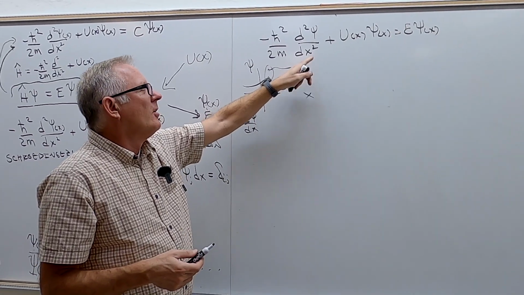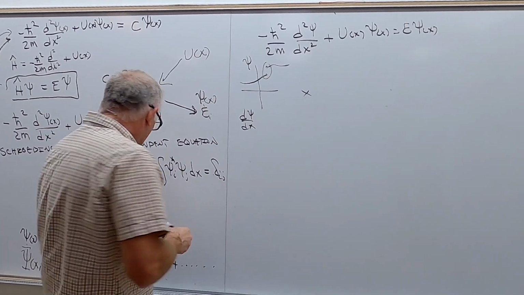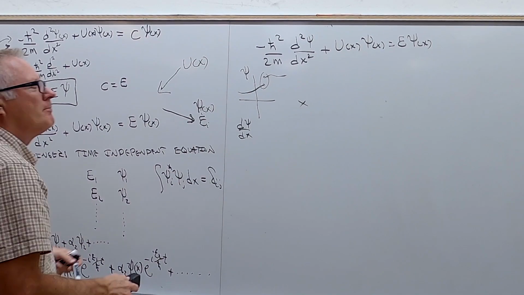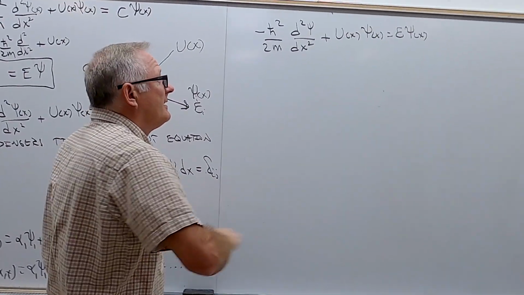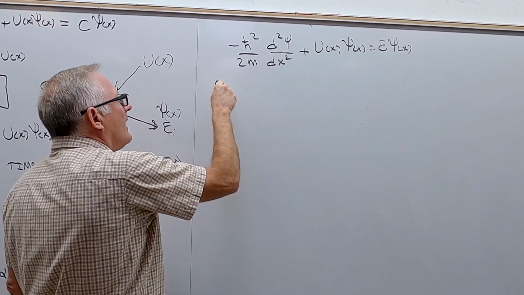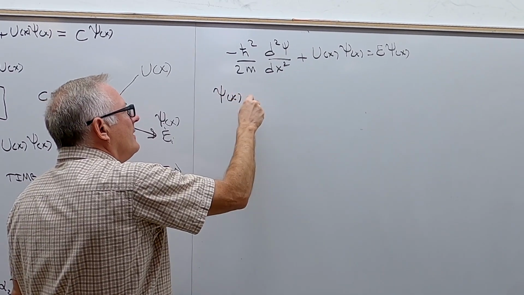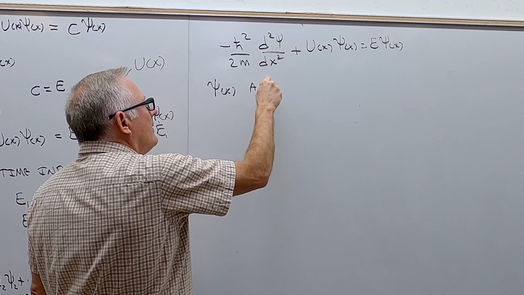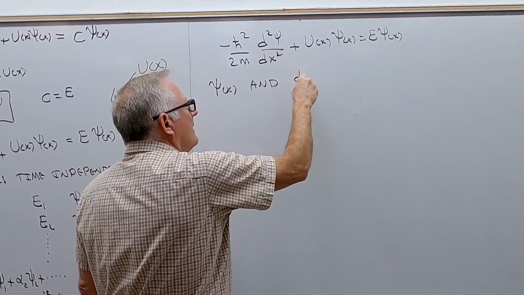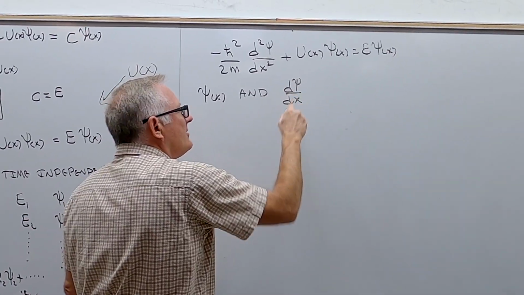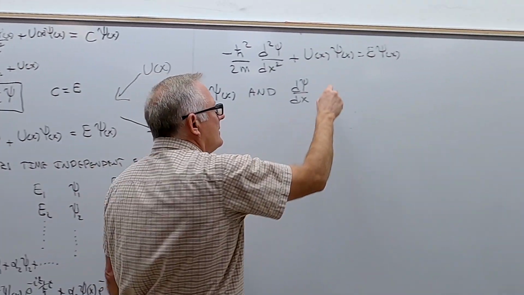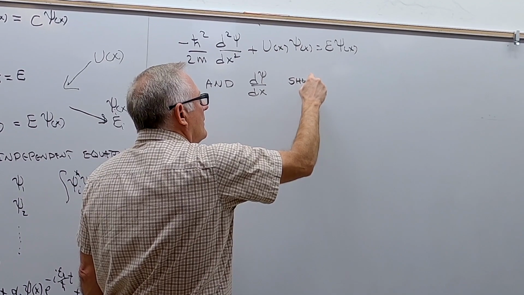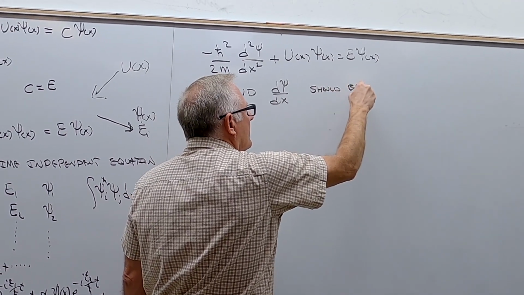So one of the properties is psi must be continuous, and the derivative of it has to be continuous. So psi of x and d psi dx should be continuous.